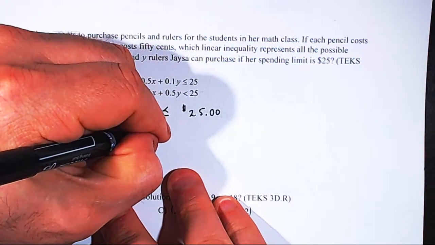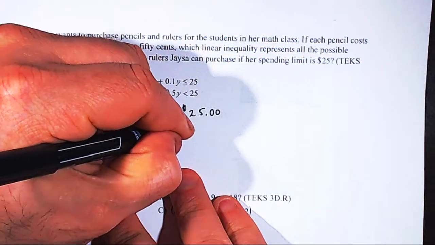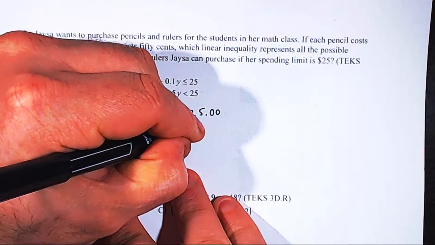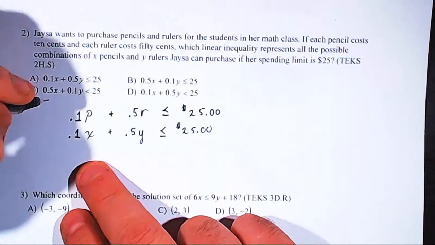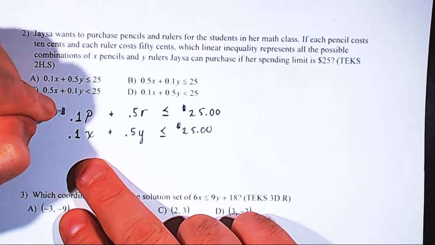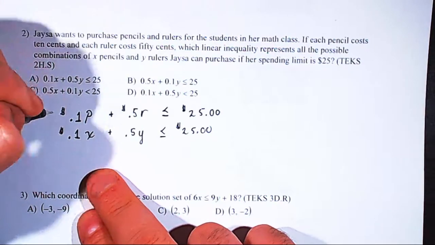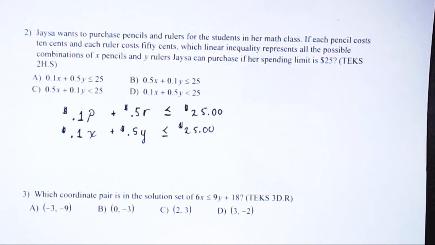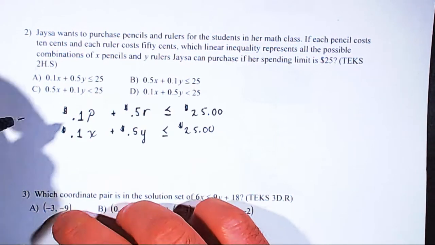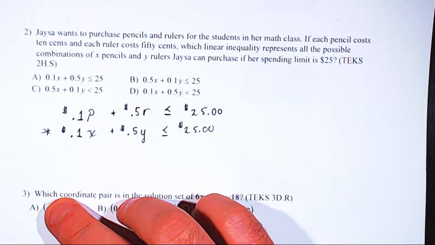Okay, nothing changes about the inequality symbol, and we put $25. So to flesh this out entirely, we can write the dollar signs here. And that's not showing up very well, but this is kind of what we're looking for in the answer choices.